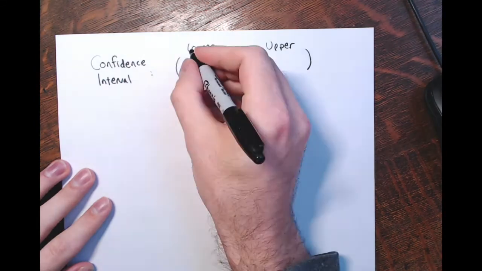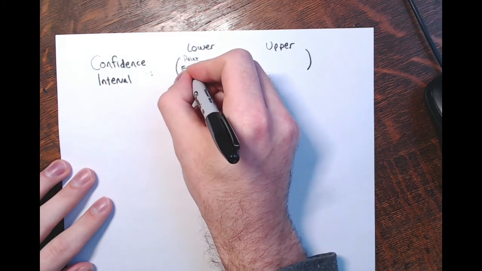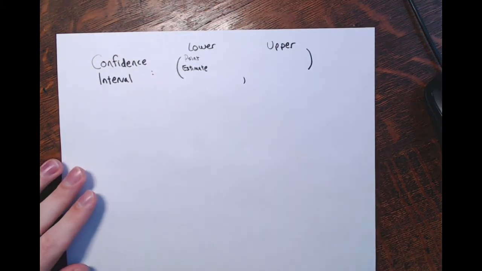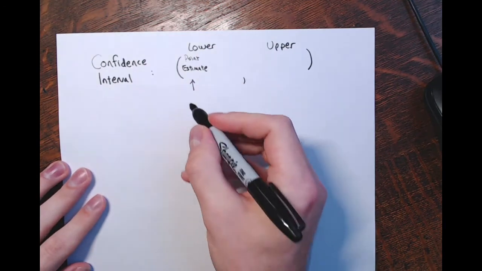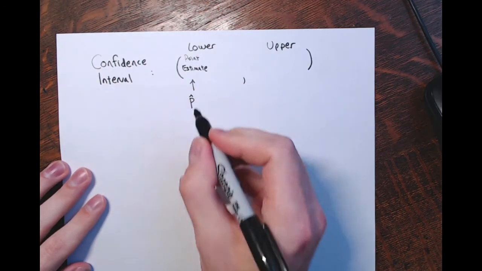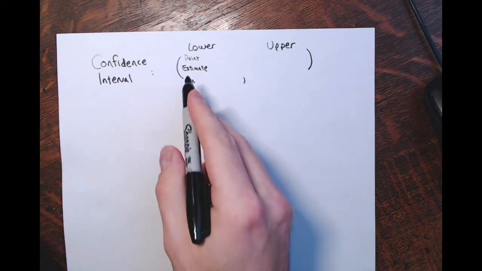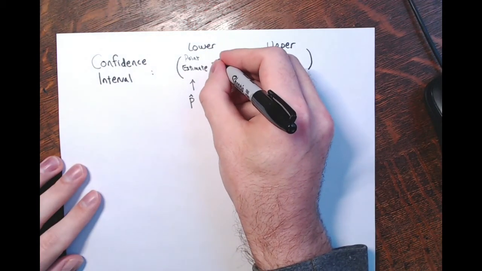Now the lower bound is the point estimate, a singular number from our sample. For this case, since we're talking about proportions, that's p hat, the sample proportion. If we were talking about means, that would be the sample mean, x bar, and then minus the margin of error.